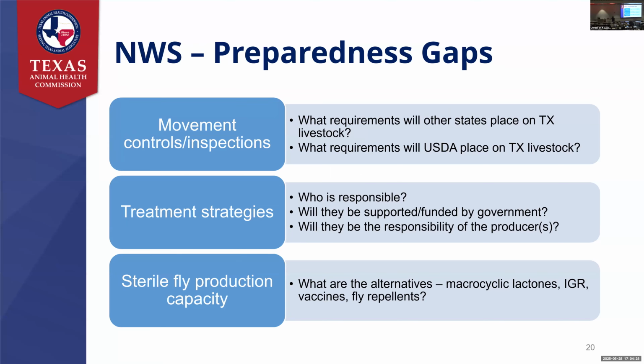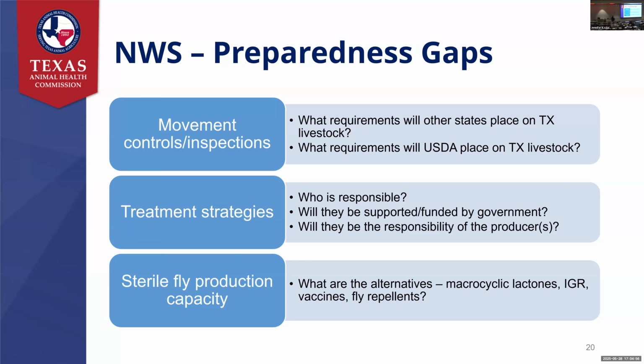Some preparedness gaps that we've dealt with or continue to deal with: movement control and inspections. Like I said, we've got a working group formed with other states. I want to make sure that we can move animals or livestock interstate without an issue. And then, of course, what is the USDA going to allow us to do as far as regionalization goes? Treatment strategies: who's responsible?